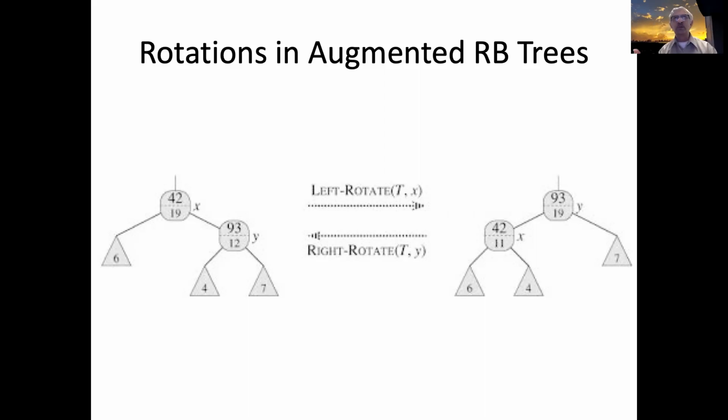And that's what is great about these red-black trees and the augmented red-black trees. I can do inserts, I can do deletes, I can do rotates, and thus maintain the size information. And once the size is maintained, I can do rank and select operations very, very efficiently.